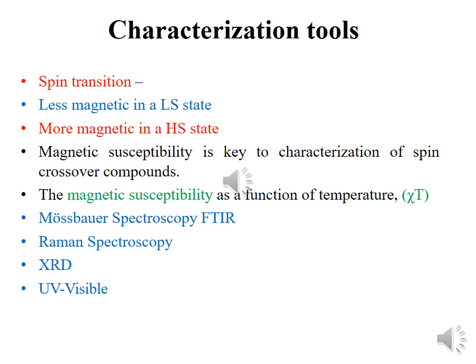The complex which has a low spin state has less magnetic properties, and the complex which has a high spin state has more magnetic properties. The magnetic susceptibility is key to characterization of the spin crossover compounds, as a function of temperature.